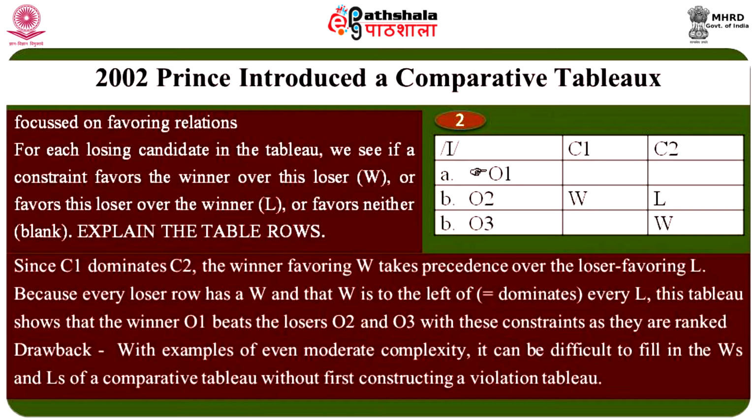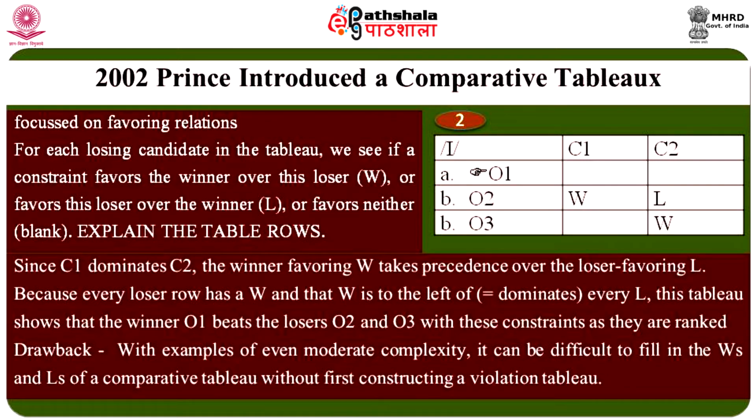Since C1 dominates C2, the winner favoring W takes precedence over the loser favoring L. Because every loser row, in this case the O2 and O3 rows, has a W and that W is to the left of every L, that is, the W dominates L, this table shows that the winner O1 beats the losers O2 and O3 with these constraints as they are ranked.